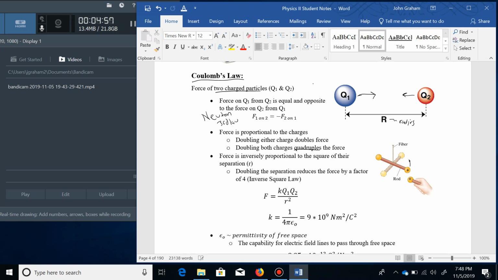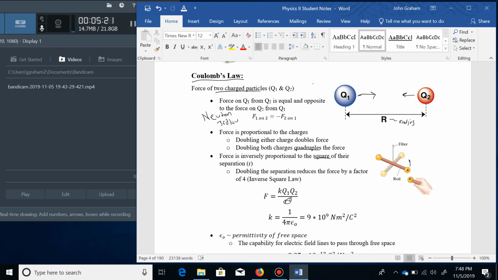The radius works opposite. If you double the radius, meaning they get farther apart, then they actually have less force on them. And it's going to follow the inverse square law, since in our equation we see that r is actually squared.